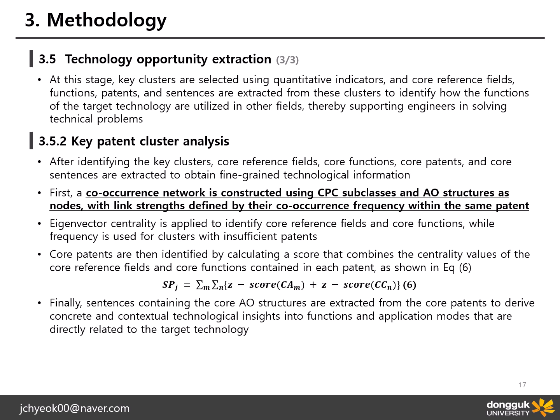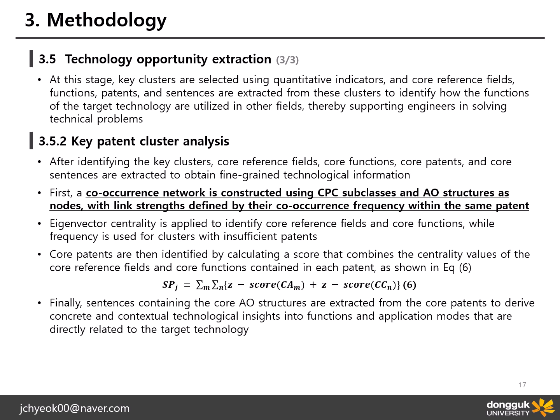Reference builds are defined at the subclass level to capture more specific sub-technological domains. A co-occurrence network of CPC subclasses and AO structures is constructed, and eigenvector centrality is used to identify core reference builds and functions, with frequency used as a substitute when network construction is unreliable.